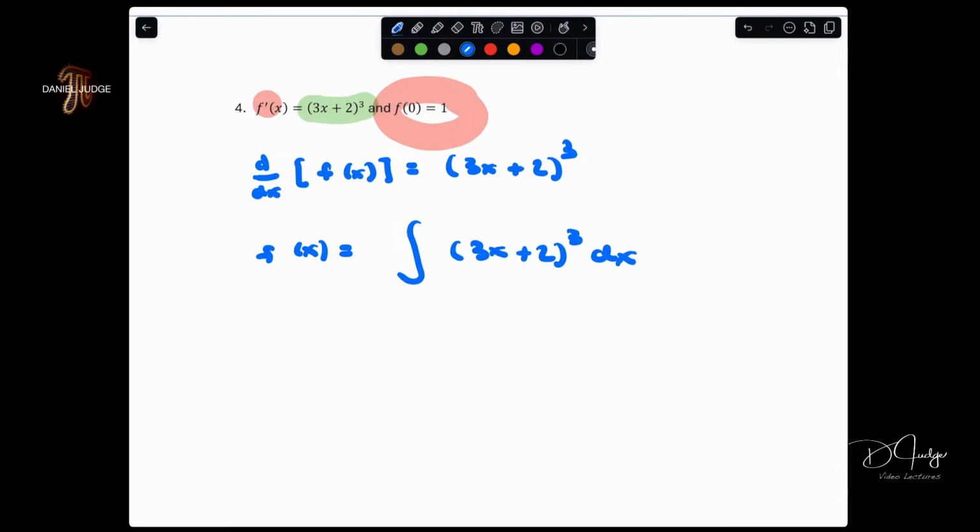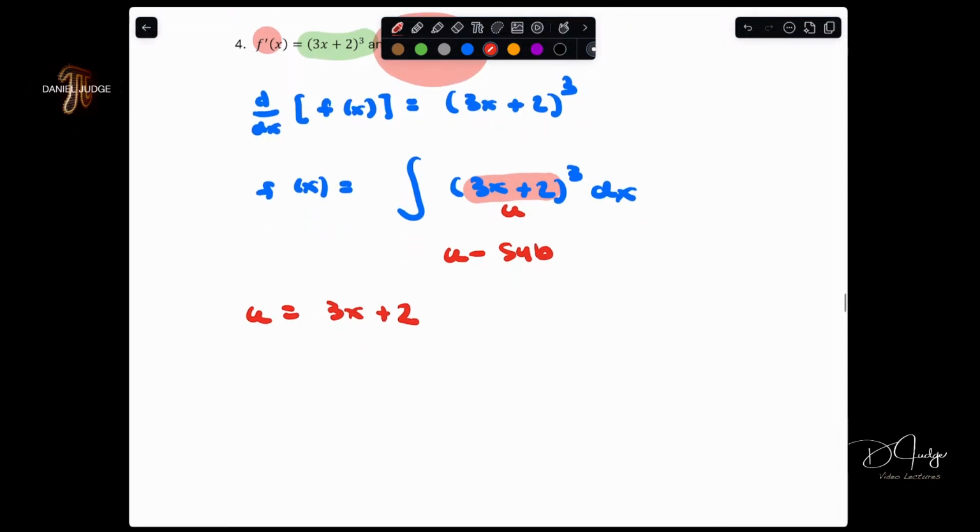Now, we're going to have to integrate. This is an indefinite integral. We're going to use u substitution on this. So here's our u. And of course, we need du dx. So we're going to differentiate with respect to x.